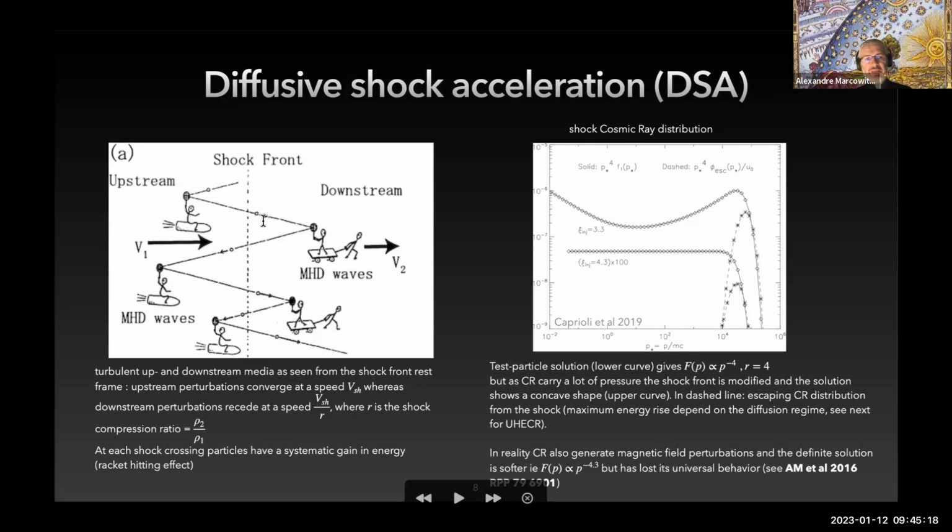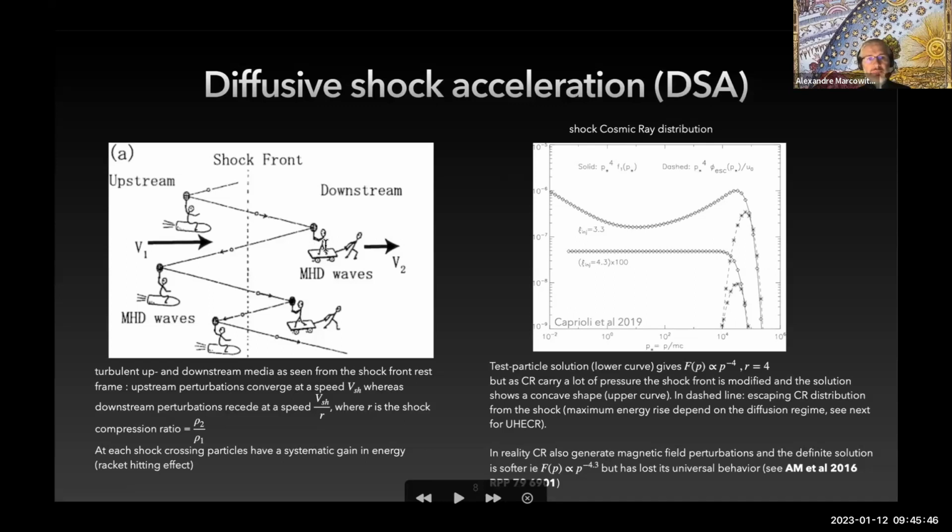The reason they are able to recross the shock is that once a particle crosses the shock, it will mainly see the scattering center moving toward it. And then you have a kind of systematic gain effect, like a kick by a racquetball, each time the particle crosses the shock.